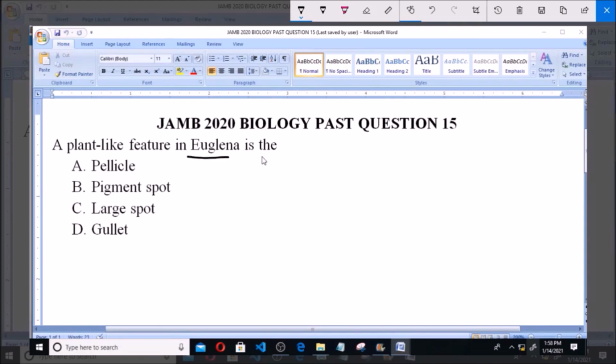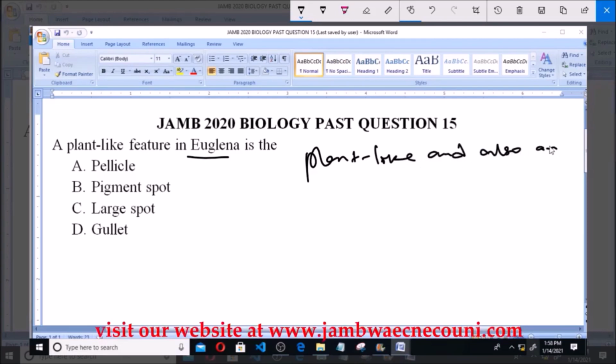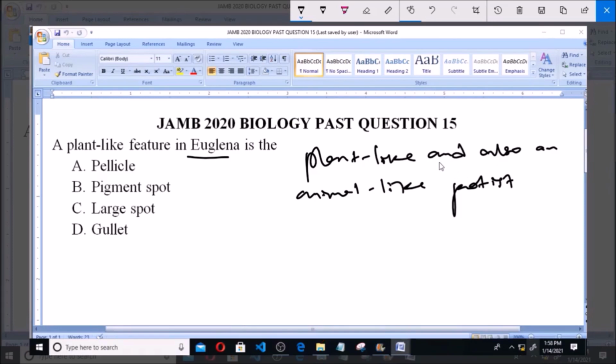Now, Euglena is a plant-like and also an animal-like protist. That is, Euglena belongs to both the class Protophyta and the class Protozoa, because they possess both plant-like and animal-like features, and they are protists.